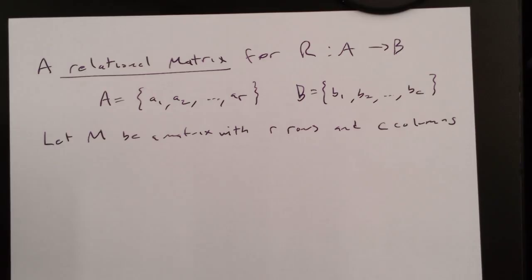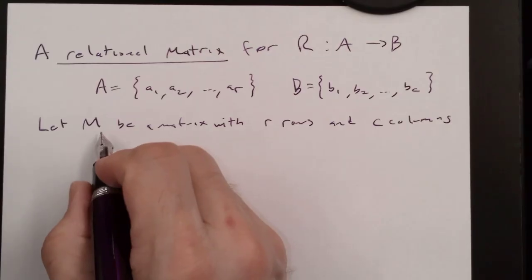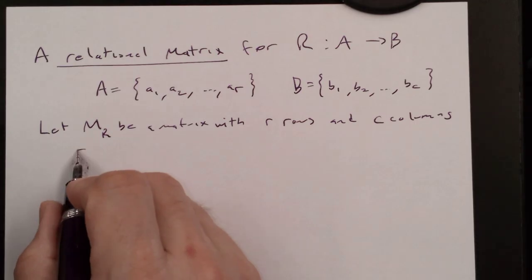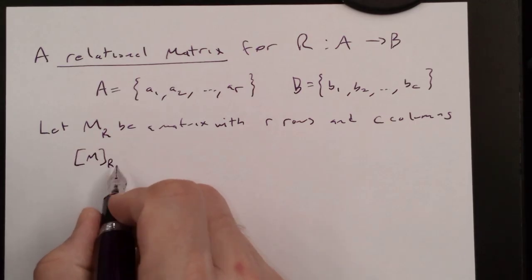Then I made a chart. And the chart had elements of A in rows and elements of B in columns. So now I'm creating an array. And this array will have R rows, one row for each element of A. And it'll have C columns, one column for each element of B. And then I'm going to call this matrix M. Normally, when it's a matrix for a particular relation, we might call it M of R. Sometimes we'll call it M in square brackets with an R underneath it.